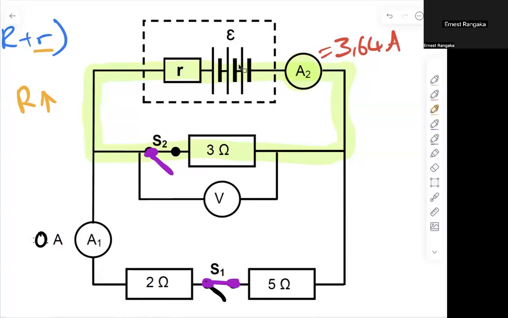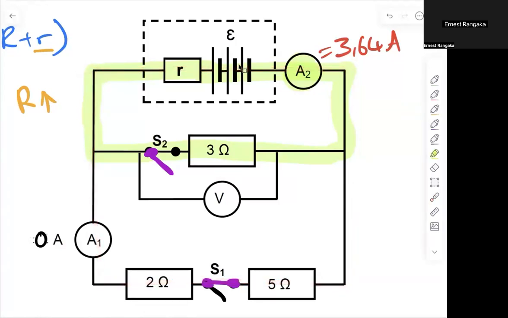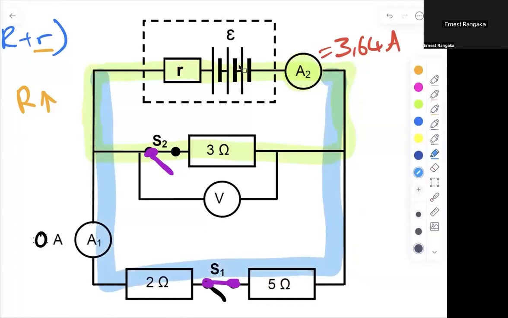I'll quickly repeat that. When I open switch S2 and I close switch S1, I take my circuit from this top part, but if I open switch S2, my circuit now becomes this part here. So from the green circuit, I now basically have, let me draw a different color, a blue circuit that does this.